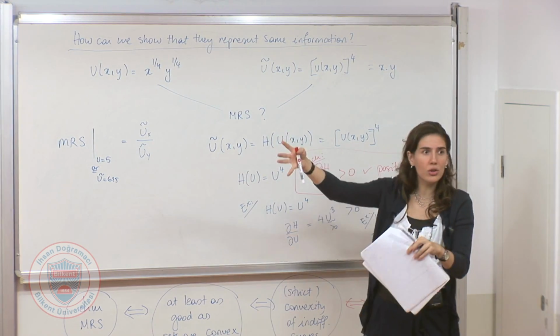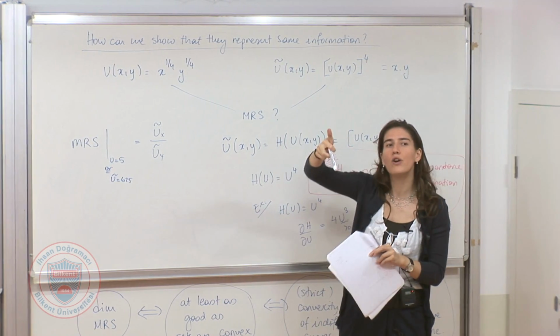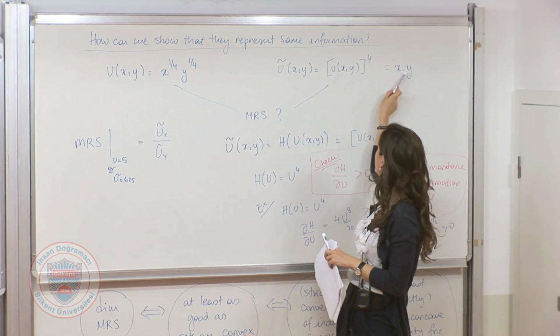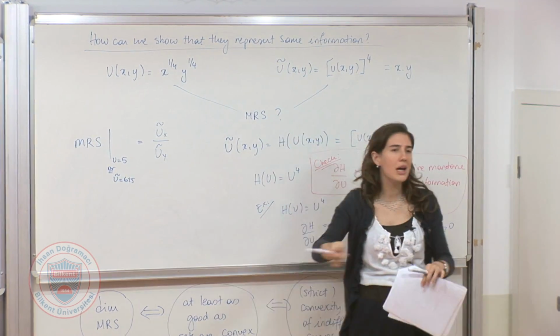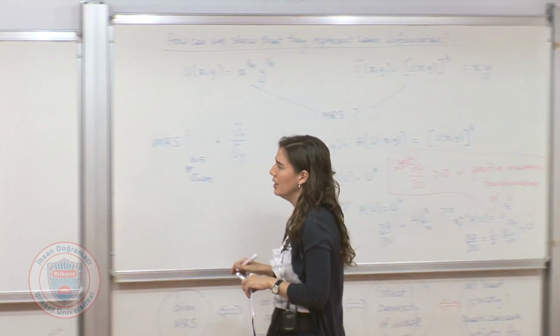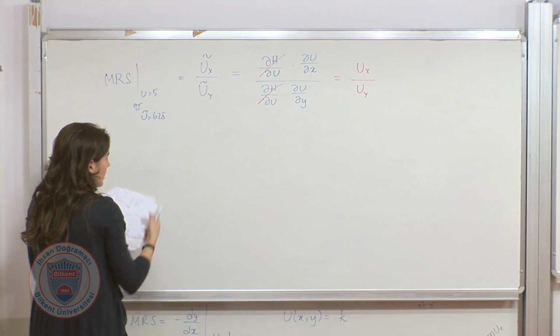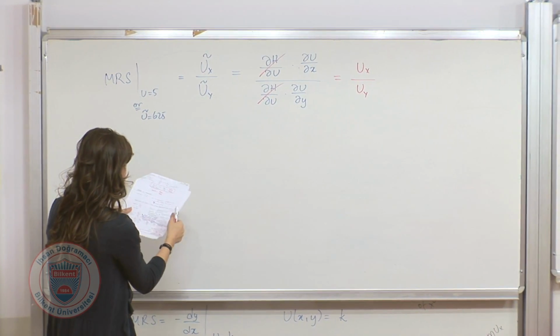So it's good news that I don't have to deal with these weird functions. I can always convert them to nicer functions like this, and I can compute MRS and everything from there, okay? This shows us that they represent the same information.